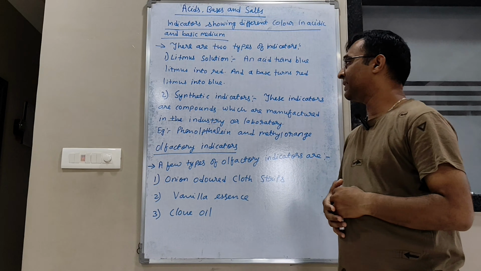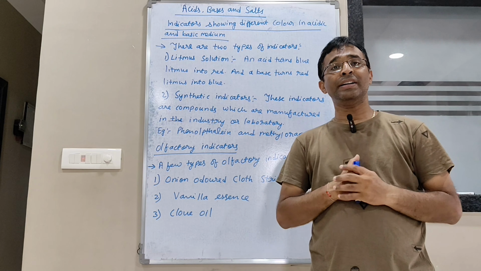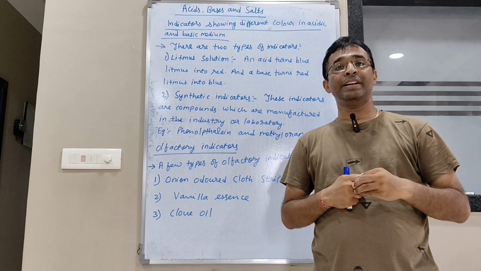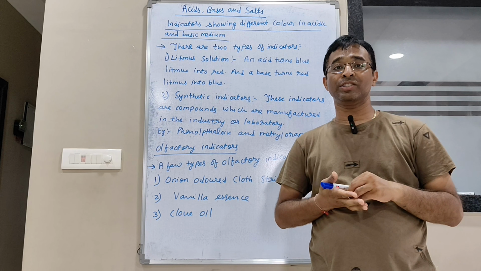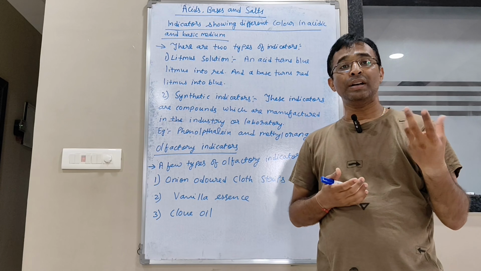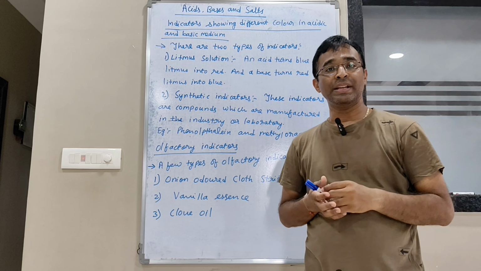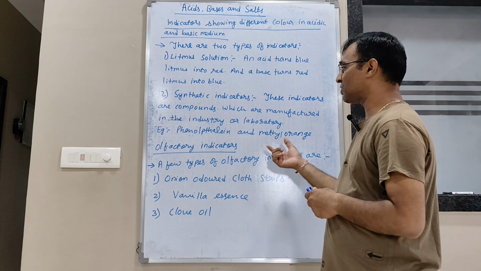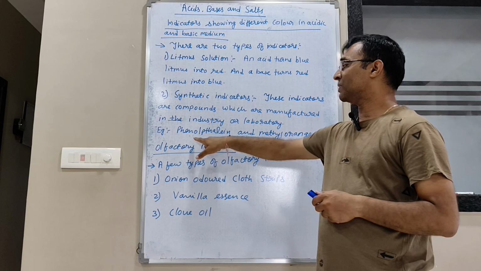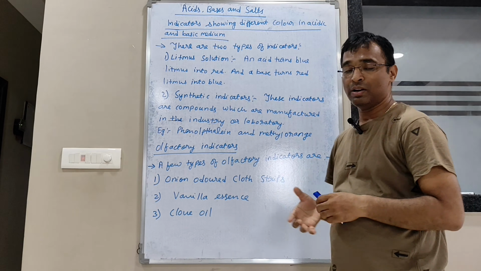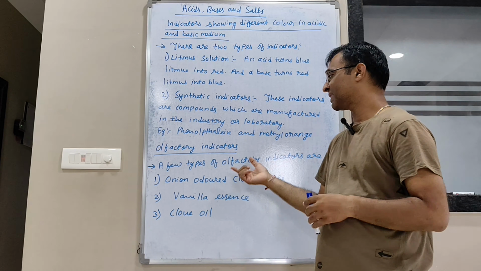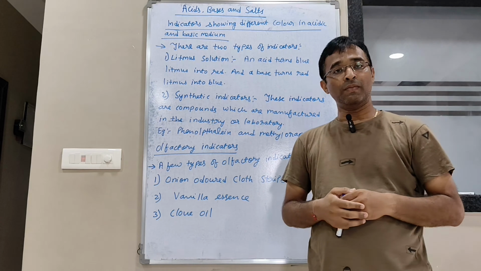Next are synthetic indicators. Synthetic indicators are those types of indicators which we prepare in industry or in the laboratory. Basically these are man-made indicators. In this category we have two types of indicators, phenolphthalein and methyl orange. Next category is olfactory indicators.